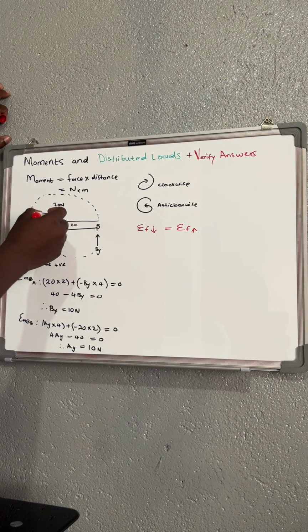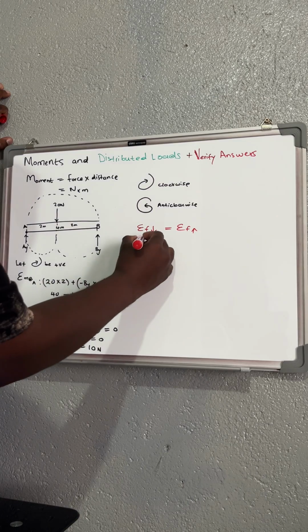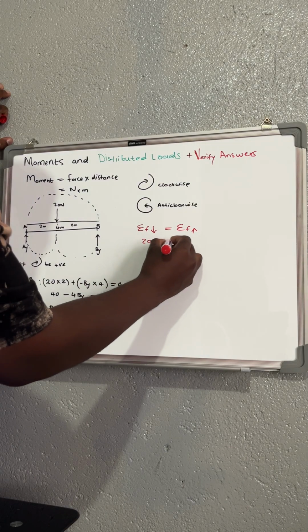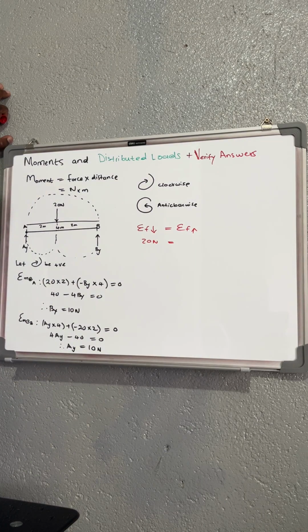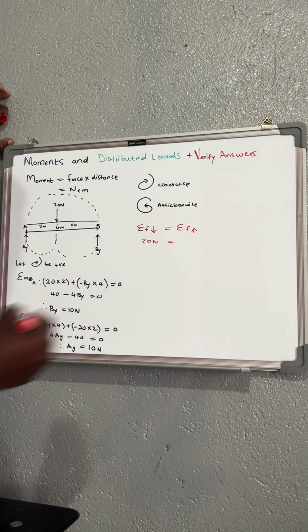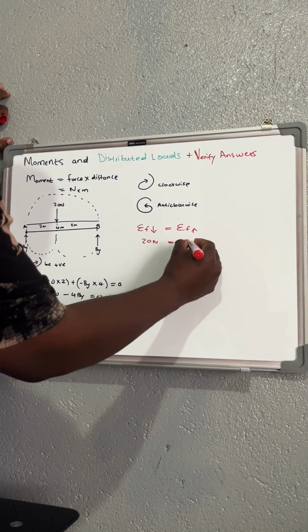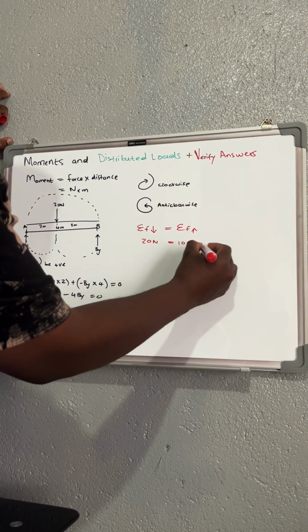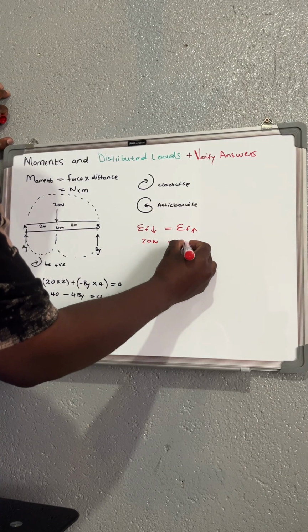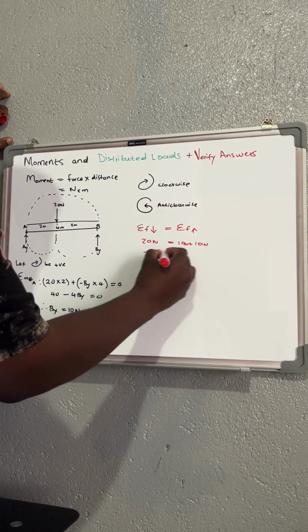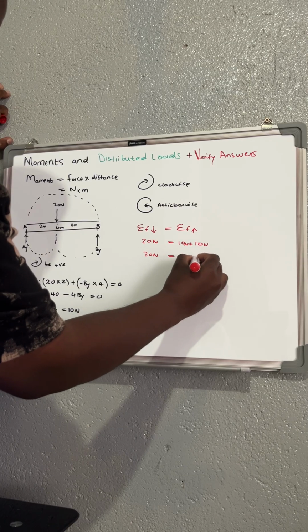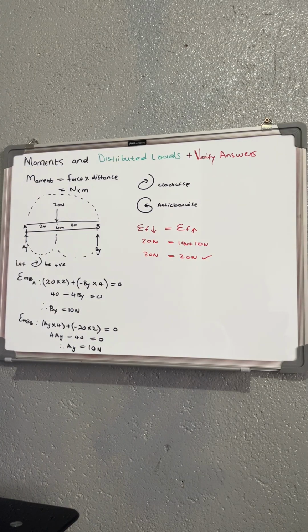The force going down is this one, which is 20 Newton. Then which ones are the forces going up? I have my AY and BY. What are the values? You have 10 Newton plus 10 Newton. Then you have 20 Newton being equal to 20 Newton. Then that means this whole thing is balanced.